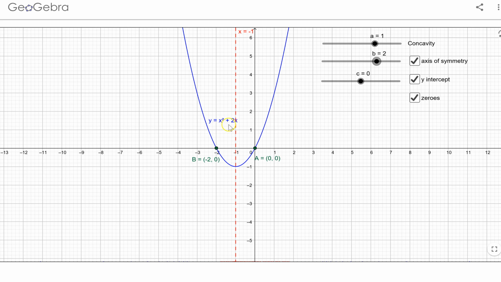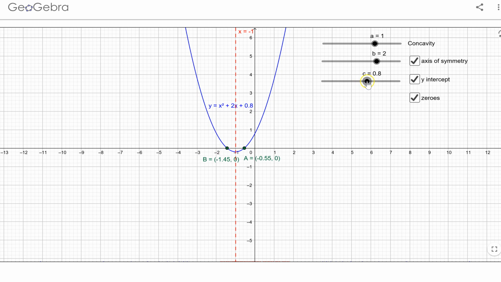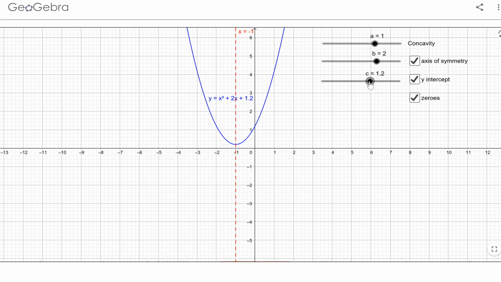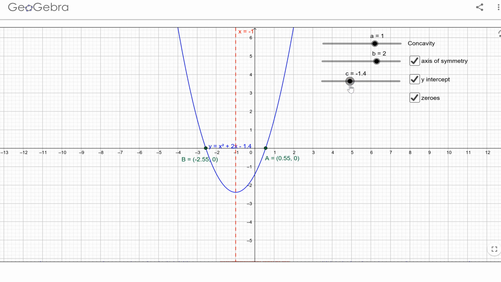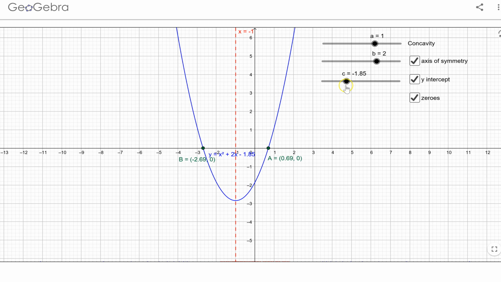We could take x outside the brackets and have x times x plus 2, and we would get x equals minus 2 and x equals 0 as the roots. And if I throw in a c as well, then I can see that if I take it up too high, there are now no longer any zeros. If I drop it down here somewhere, then I'm going to get more zeros. So we'll keep that in mind for later on.